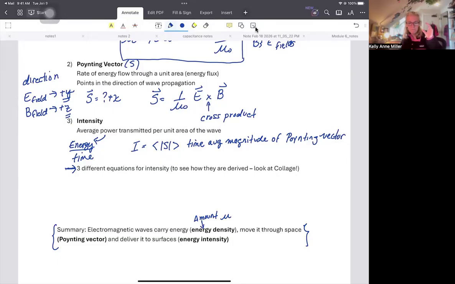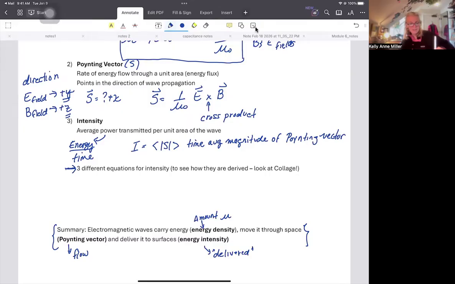They move that energy through space, and that is expressed by the Poynting vector. So the Poynting vector is kind of like a flow, and they deliver it to surfaces, and that's how I think of intensity: the amount of energy that is delivered.